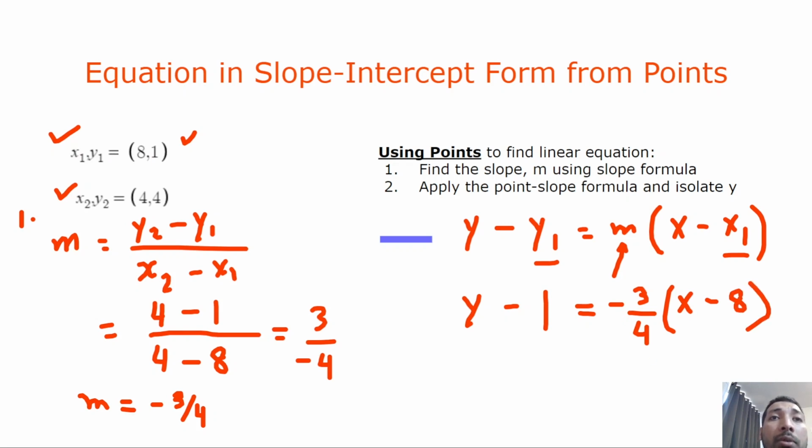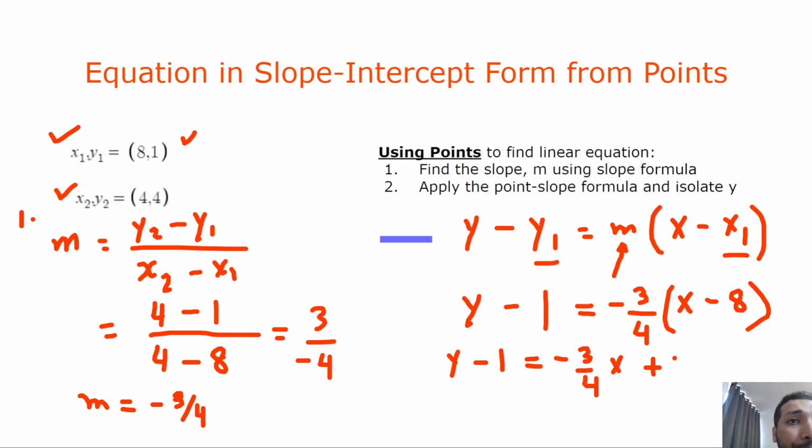Now we need to distribute this -3/4 with each of these terms inside the parentheses. So we get y minus 1 equals -3/4x plus, remember there is a negative sign and there is a minus sign. If you multiply, these two signs would make a positive sign over here.